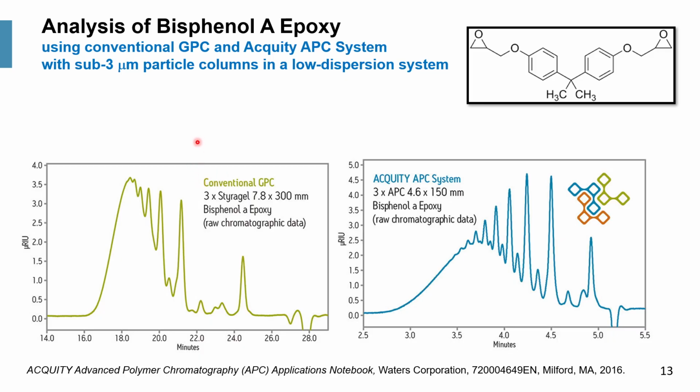In 2016, Waters Corporation introduced a system called APC, standing for Acquity Advanced Polymer Chromatography, using smaller sub-3 micron particle GPC columns, coupled together with lower dispersion systems, using a high performance refractive index detector, and demonstrated the ability to show a much faster separation, shown here in about 6 minutes, on the same epoxy resin sample, giving you a higher resolution and faster analysis.